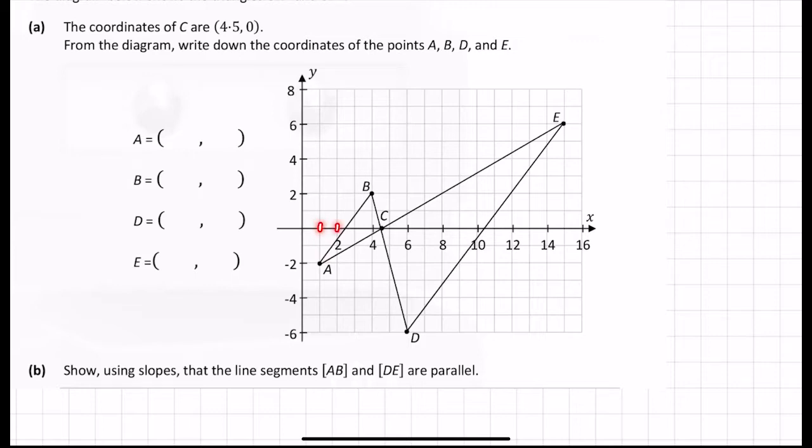So if that's 2, this must be 1 on my x-axis, and then down to -2 on my y-axis. So over 1, down to -2. Okay, so 1, -2. B is 4 on my x-axis, up to 2 on my y-axis. So 4, 2. Okay, it's like positions on a map.